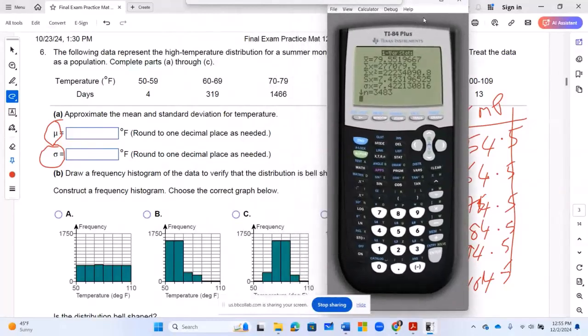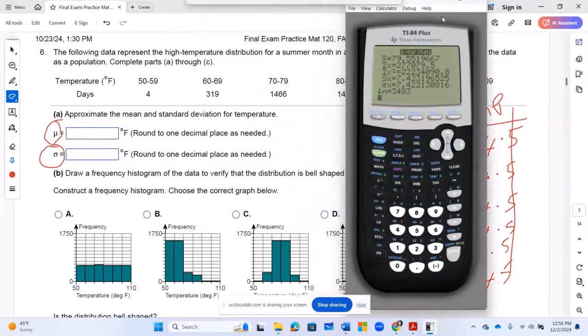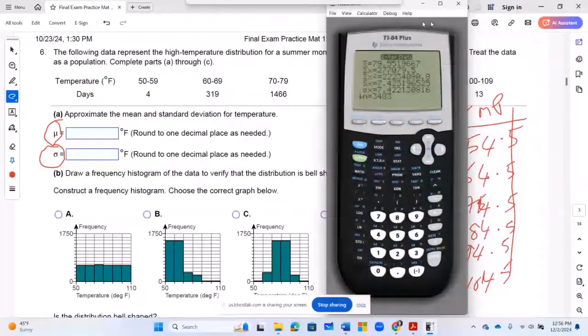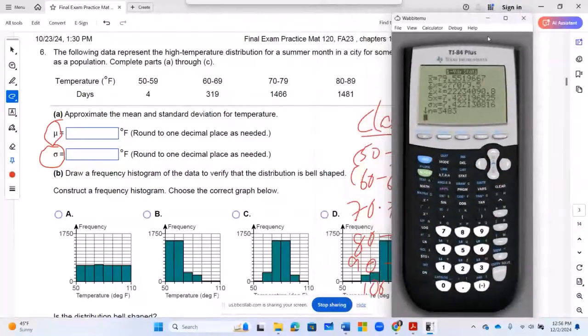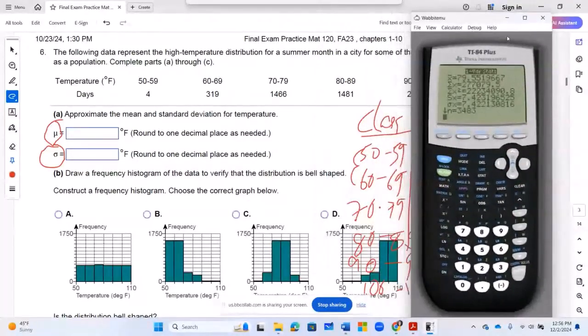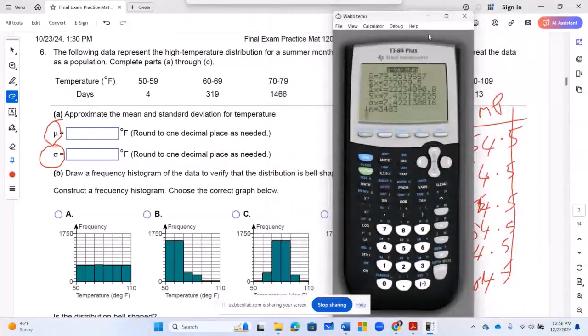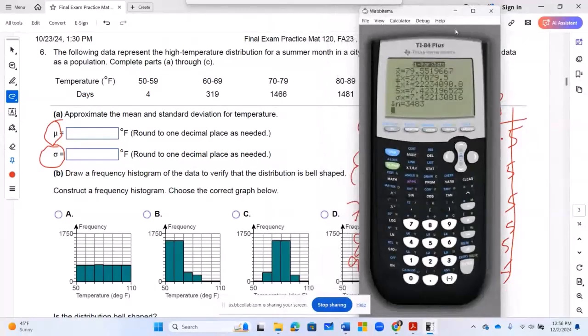And I'm also told to draw a frequency histogram of the data and verify the distribution shape. You can do it by hand if you want, but I like to do it with my calculator. So I have 6 classes. The class width is 10.